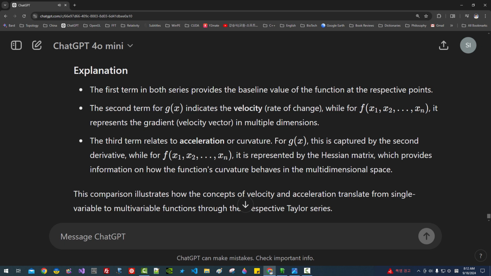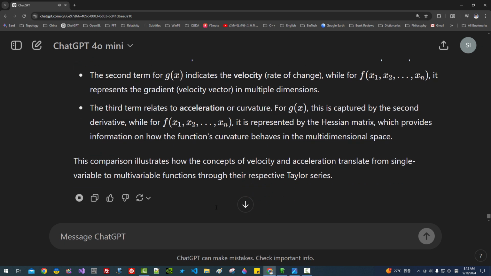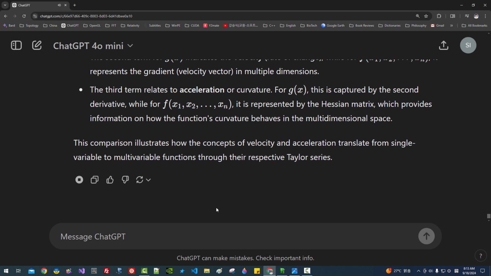For g(x), this is captured by the second derivative, while for f(x1, x2, ..., xn), it is represented by the Hessian matrix, which provides information on how the function's curvature behaves in the multidimensional space. This comparison illustrates how the concepts of velocity and acceleration translate from single variable to multivariable functions through their respective Taylor series.